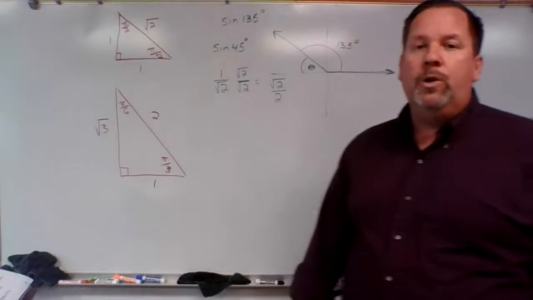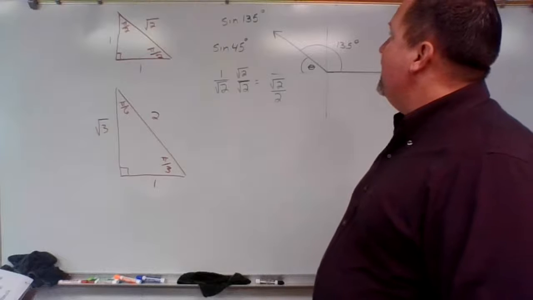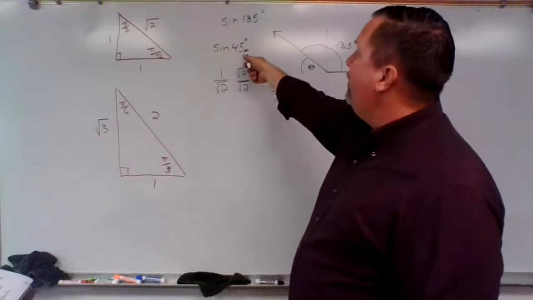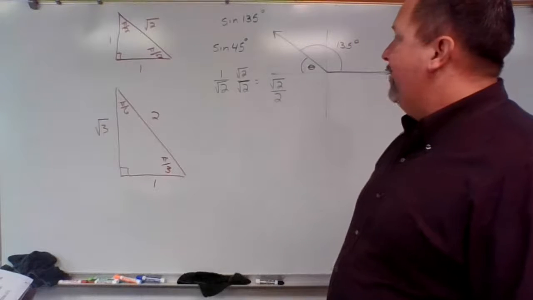Root 2 over 2 is exactly the sine of 135 degrees. I came up with that using the reference angle, which was 45 degrees.